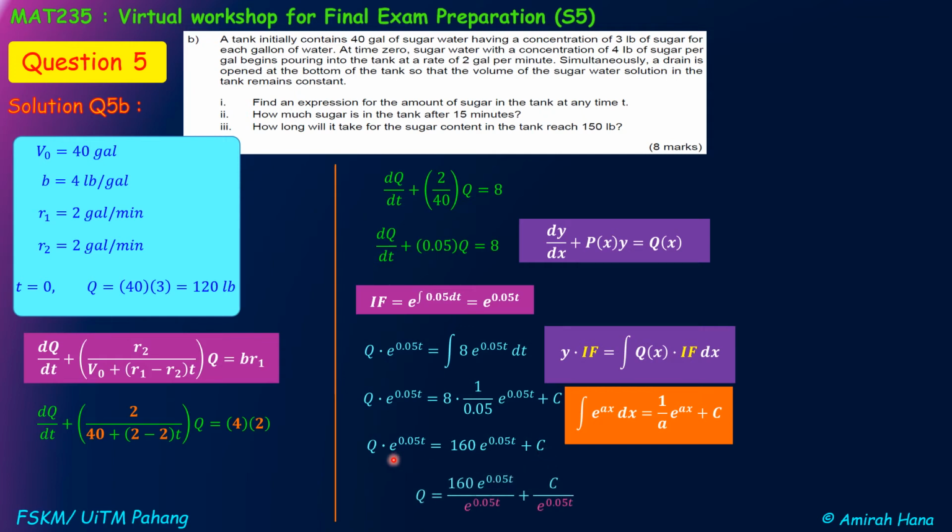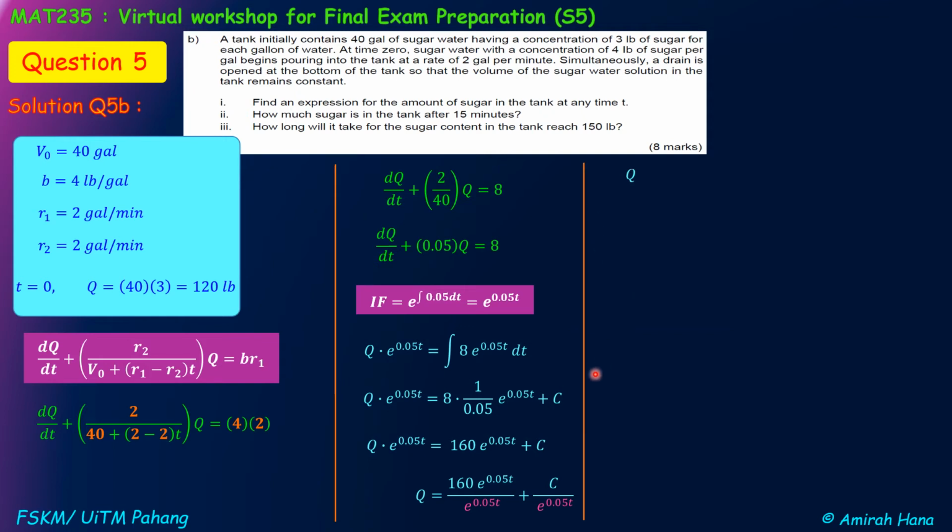After that, we can write Q as the subject. We move e to the power of 0.05t to the right hand side, so we need to divide both terms by e to the power of 0.05t. So we get this for Q.